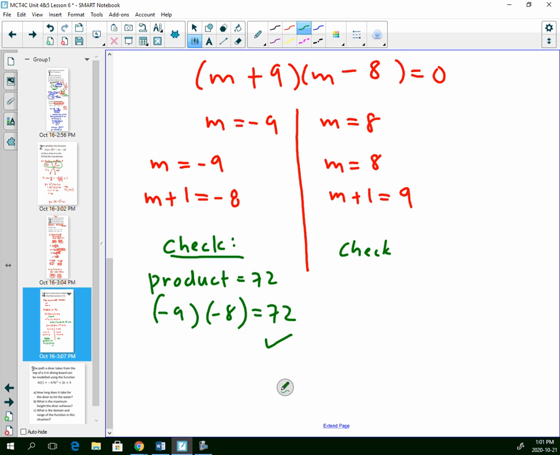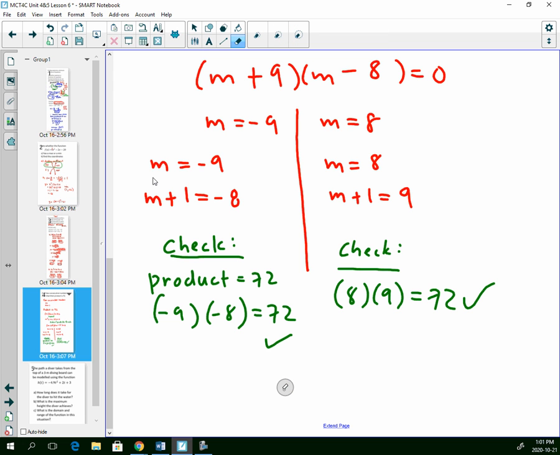And 8 and 9 are also consecutive numbers, and they also multiply to get positive 72. So I have two solutions. It could be 8 and 9, and it could also be negative 8 and negative 9. Okay, so sometimes you'll get two answers, and sometimes only one answer makes sense.